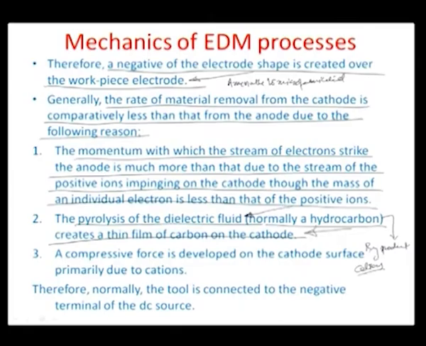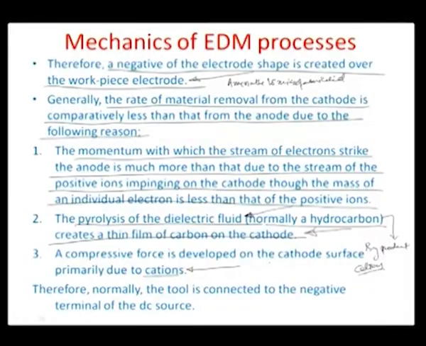At least the cations that we are talking about are much heavier than the electrons. So, this compressive force is developed because of the high momentum of the cations rushing towards the cathode. Therefore, if there is a high pressure because of the ion flux on the surface, there is a tendency of the material melted away from the cathode to not go into the dielectric medium, because of that pressure.